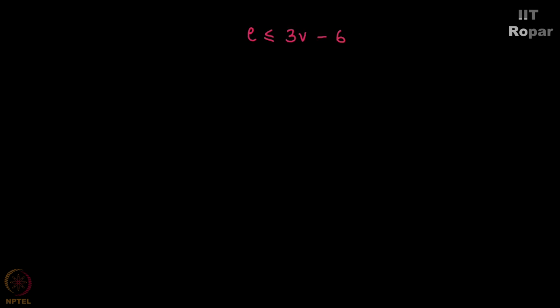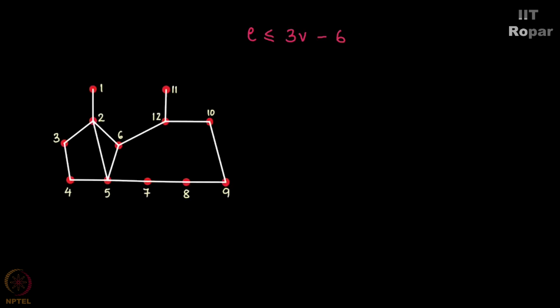Is that true? Let us try this in our graph here. e is 14. So 14 is less than or equal to 3 times 12, that is 36, minus 6, which is 30. Of course, yes, 14 is less than or equal to 30, which means this inequality seems to be true, at least in this case.